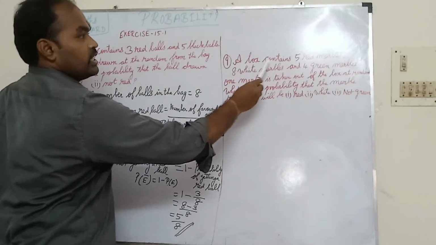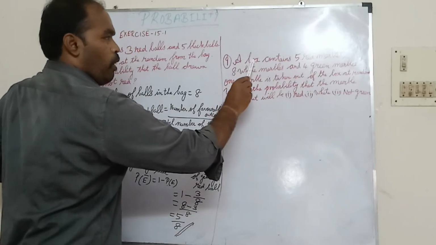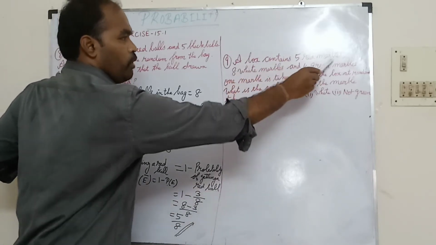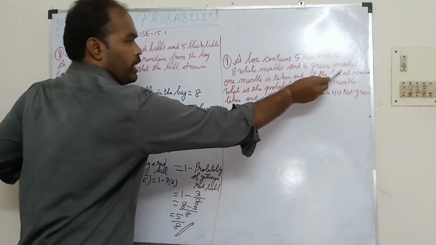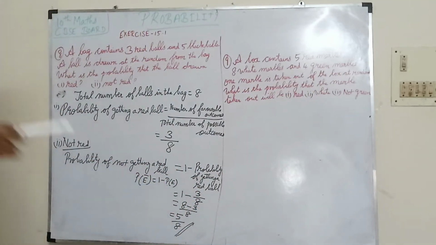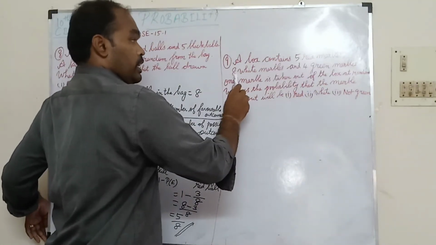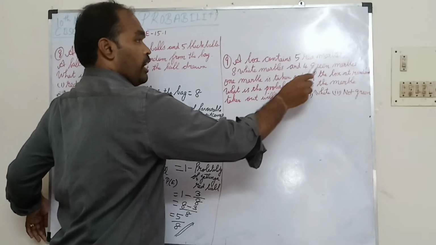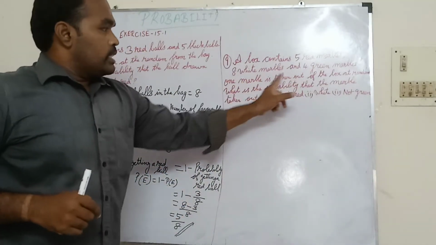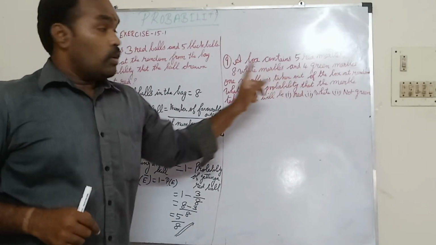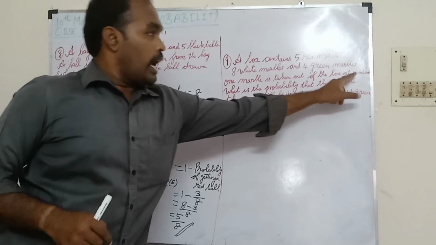A box contains 5 red marbles, 8 white marbles and 4 green marbles. One marble is taken out of the box at random.